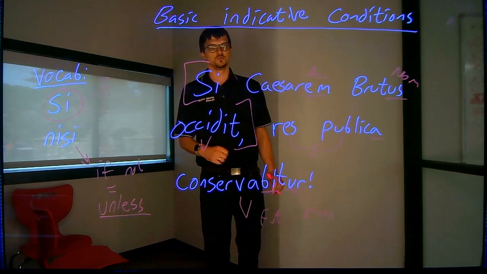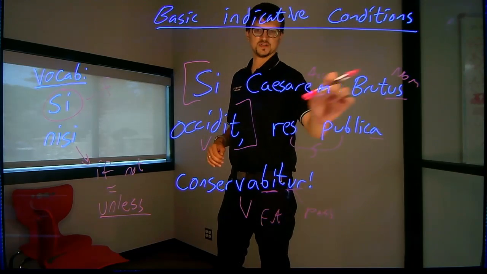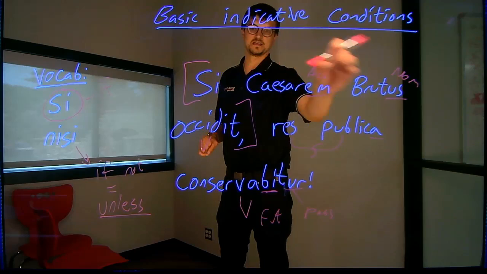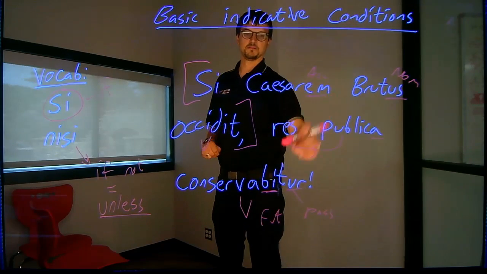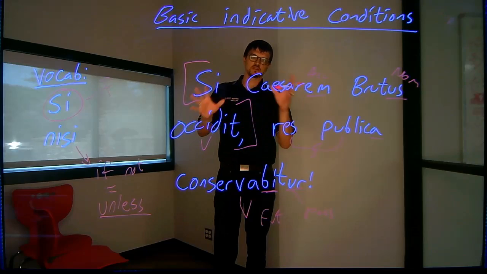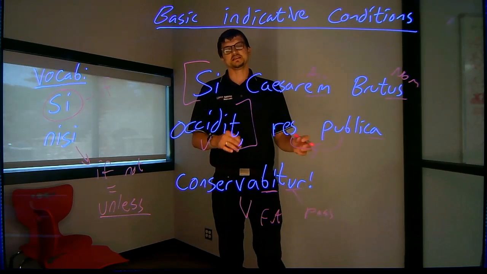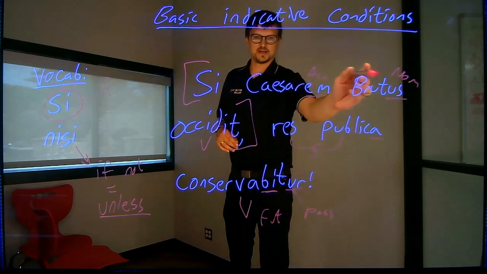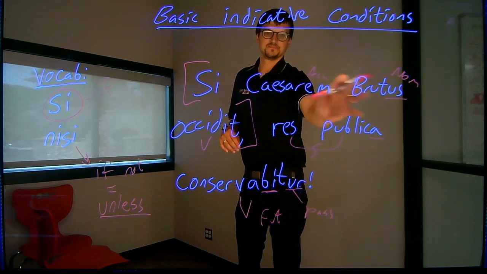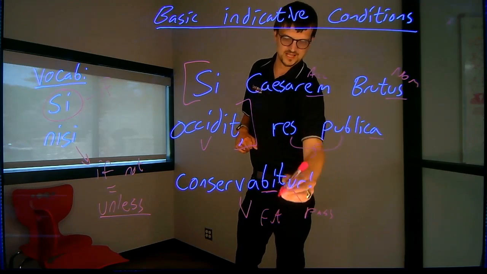Okay, so what you're going to end up with is: if Brutus kills Caesar. Notice that nice present tense. If he does do it, if he kills Caesar, the republic will be saved. Now, historically accurate or not, what I'm saying in the language here is that if this happens, should Brutus kill Caesar in general, so if Brutus does kill Caesar, we almost have a certainty this will happen.